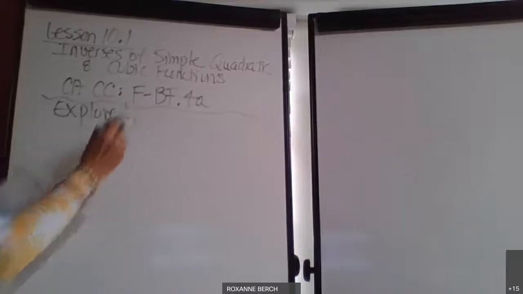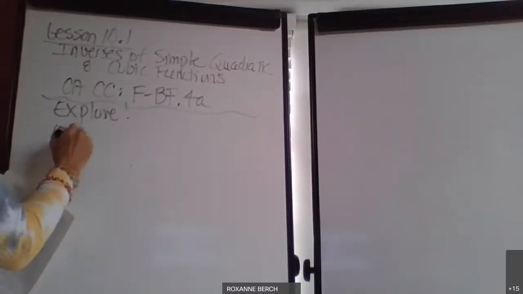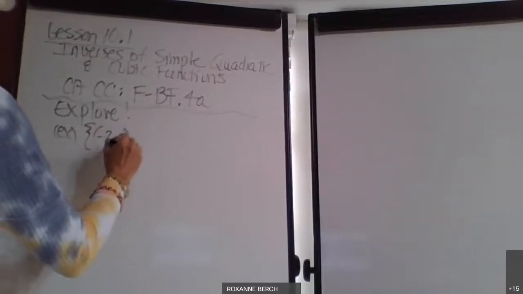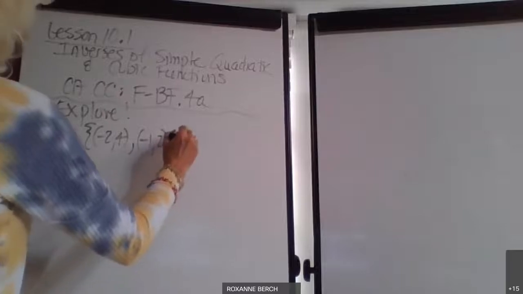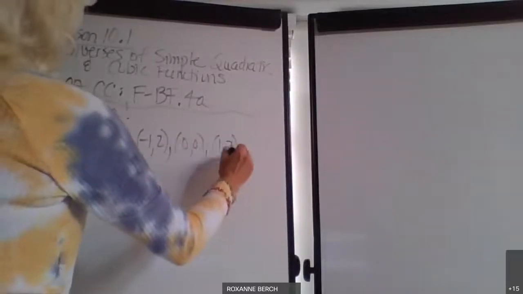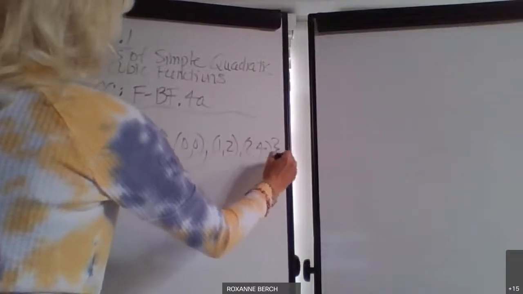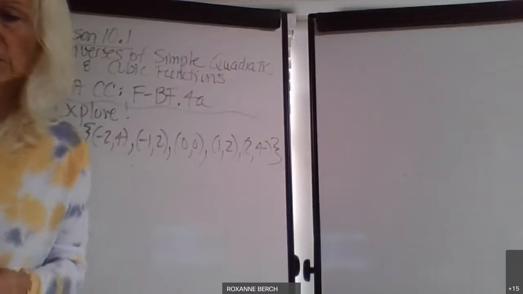If we had a set of ordered pairs, let's graph those and see what these look like.